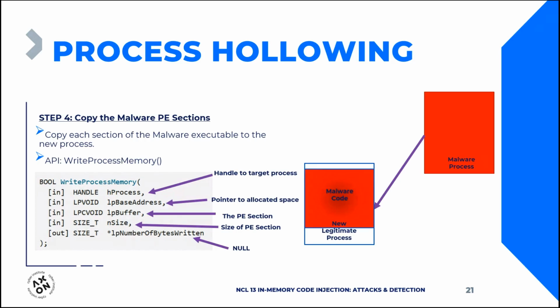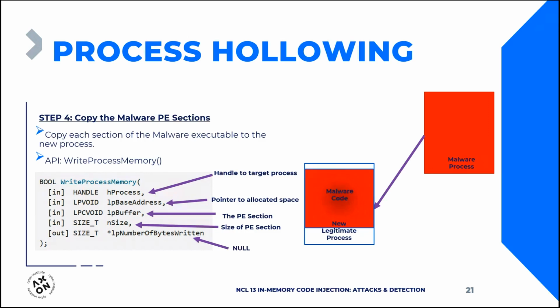I call it, giving it the handle to the target process, and a pointer to the allocated space, because I want to write inside that process, inside the buffer I allocated with VirtualAlloc. Then the buffer that contains the PE section is passed to it, so that it is copied and injected into the remote process along with the size of the PE section.